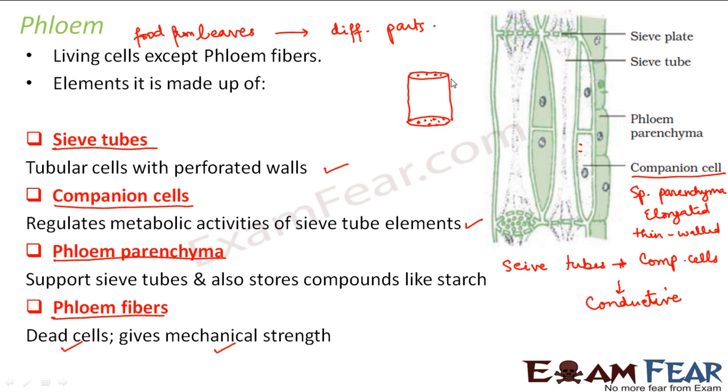Meristematic tissue helps in plant growth, permanent tissue helps in other activities like giving mechanical support, mechanical strength, and helping in conduction of minerals and nutrients. And then we have discussed all the different types and subtypes of plant tissues. So I hope this video would have helped you to understand plant tissues.